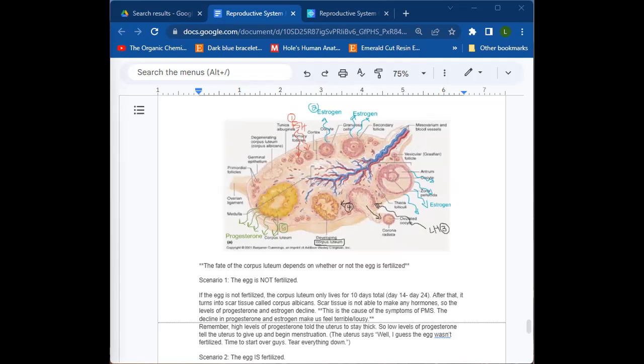called corpus albicans. Okay, and so the corpus albicans, because it's scar tissue, it's not able to make hormones.